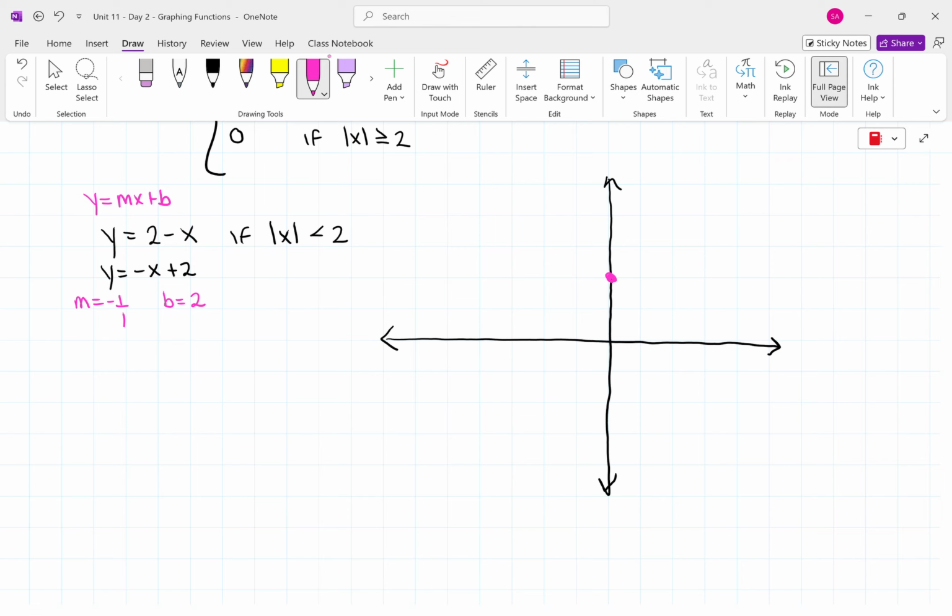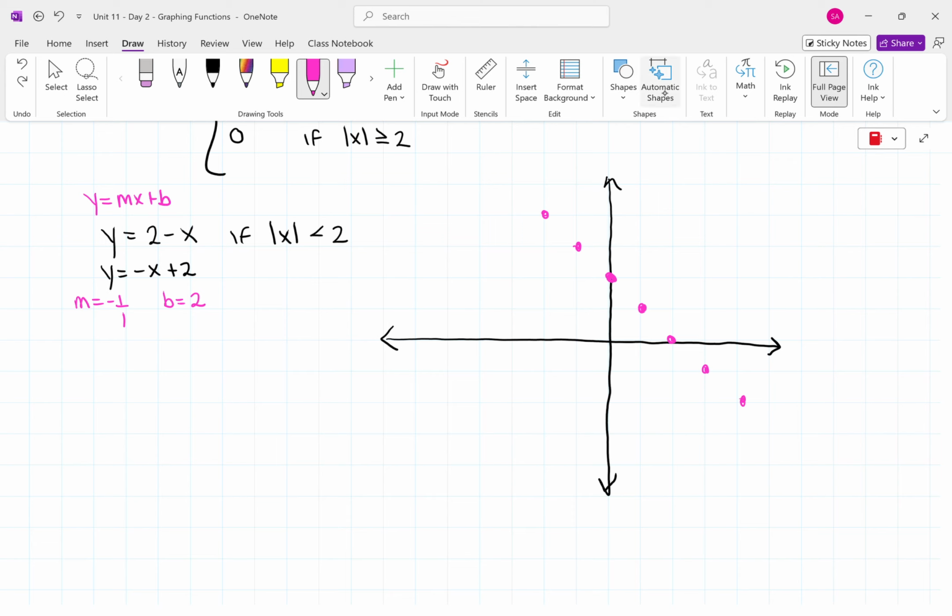So when I go to graph this line, I'm starting at my y-intercept, which is positive 2. And then my slope is negative 1 over positive 1. So I'm going to go down 1, right 1. And I keep doing that, down 1, right 1. And then up 1, left 1, up 1, left 1, up 1, left 1.